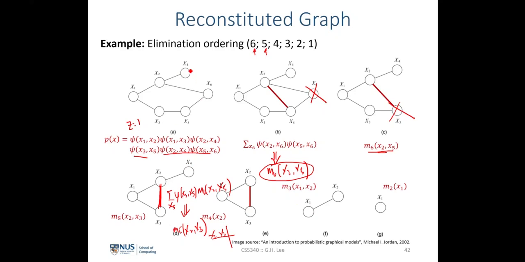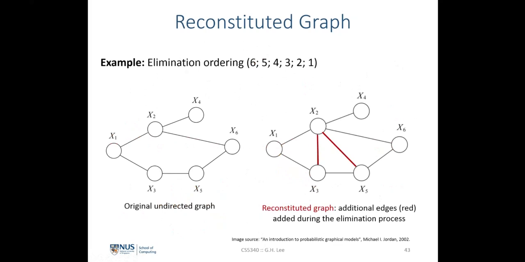this case, eliminating away x4 here, we don't introduce any new edges because x4 is only dependent on x2, and by doing this, we have a message of m4 of x2 here. Then so on and so forth until we have finished the elimination in this ordering.